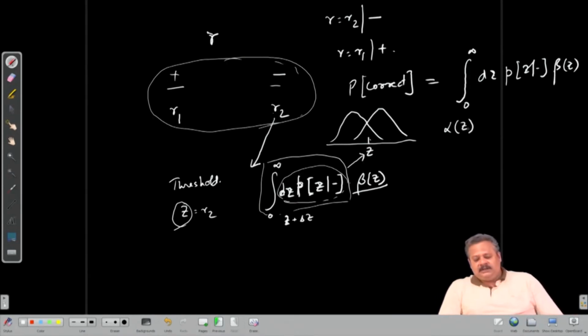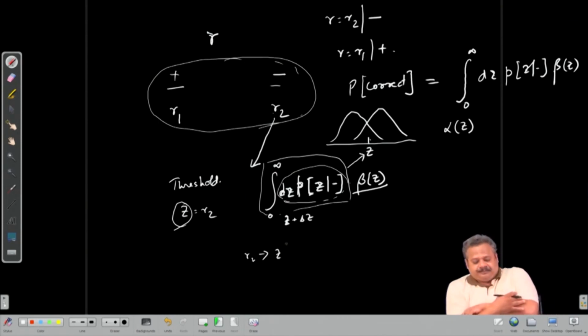The alpha z is that false alarm. Again, we have the rate response for the second stimulus, R2, that is the observation that it is z, and we need to integrate that.